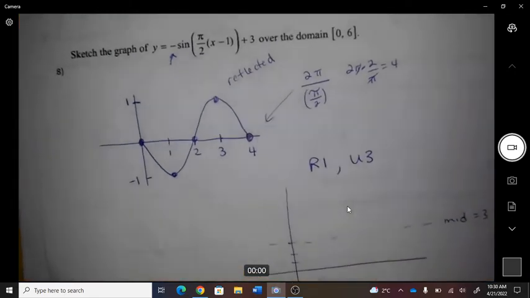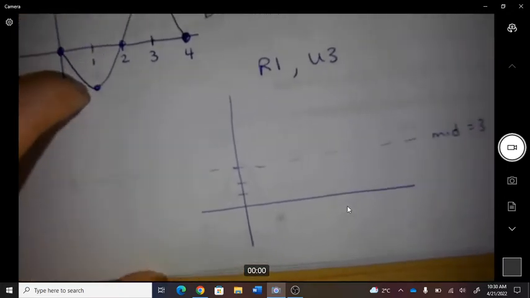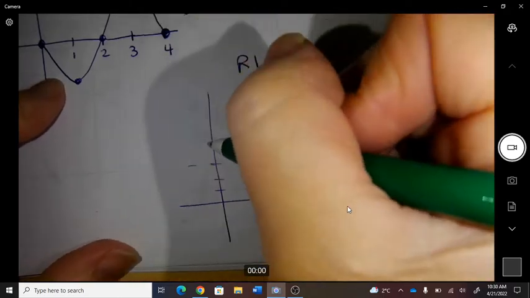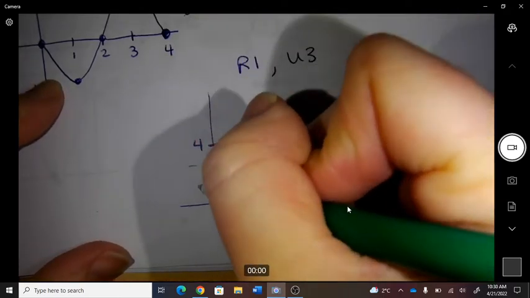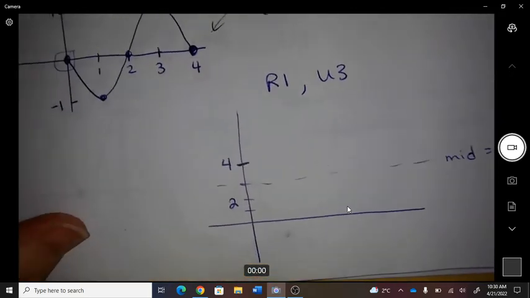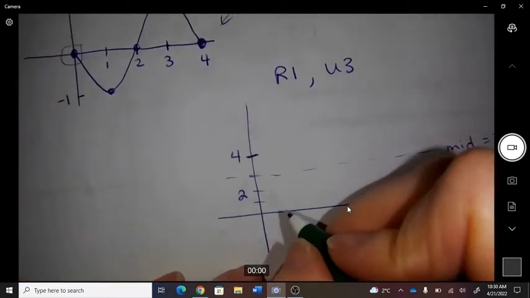Okay, now here's my middle. And I only have an amplitude of 1, so 4 and 2 are going to be the top and bottom heights. Okay, so I'm ready to take that coordinate and I'm going to move it right 1, up 3.